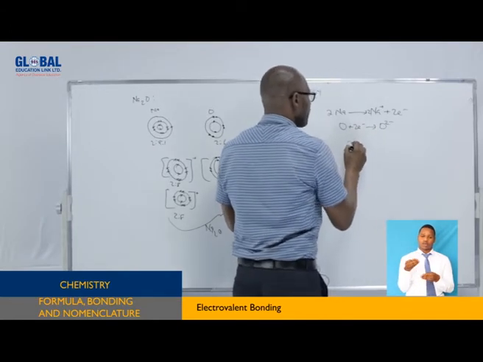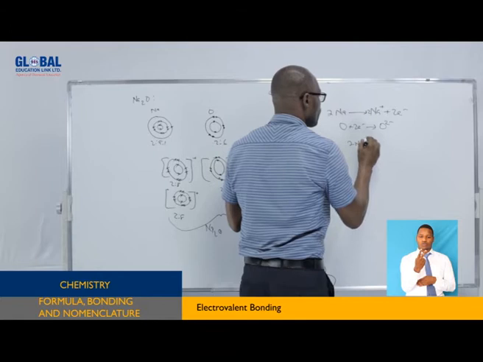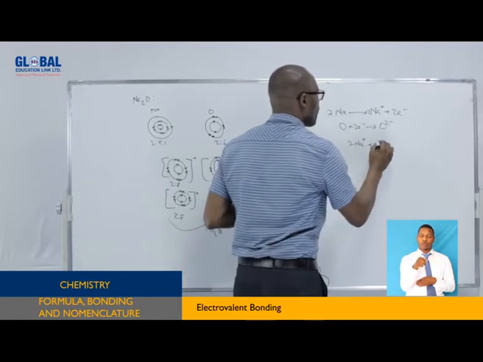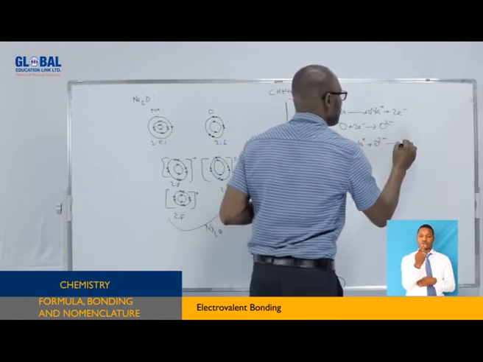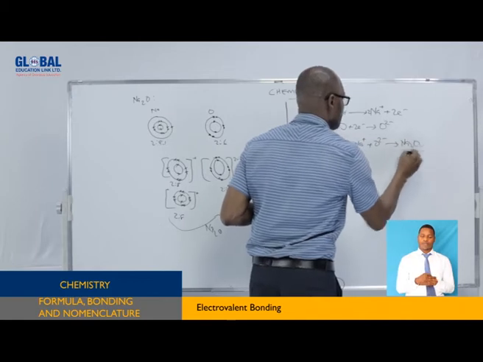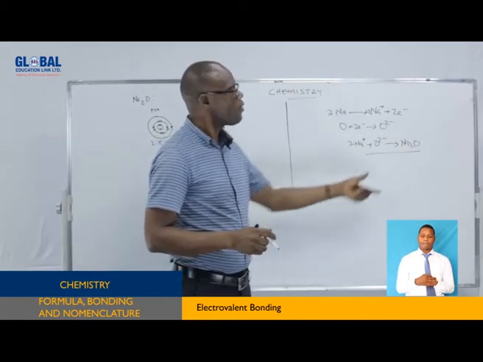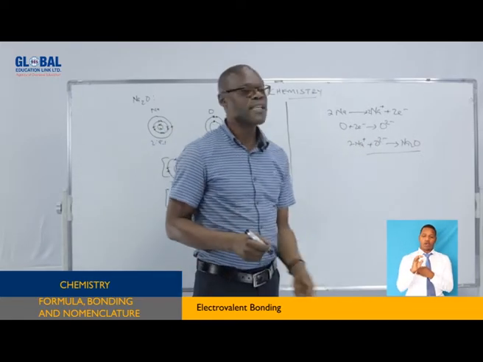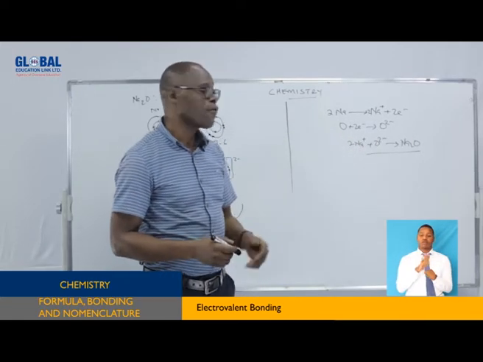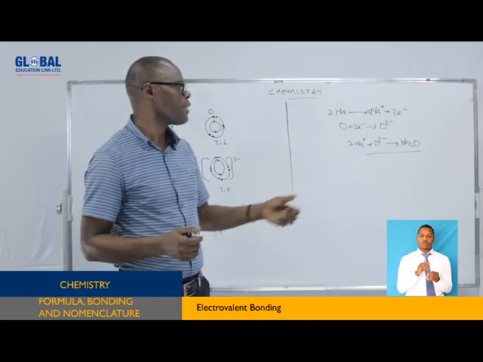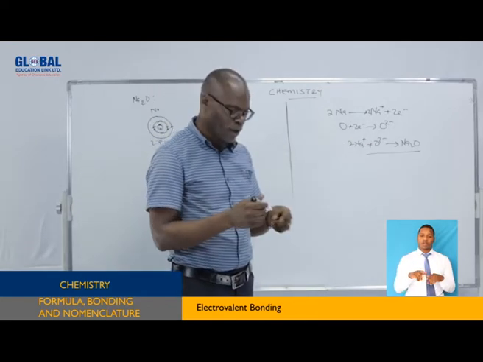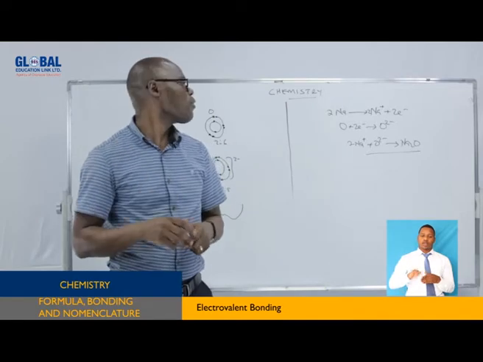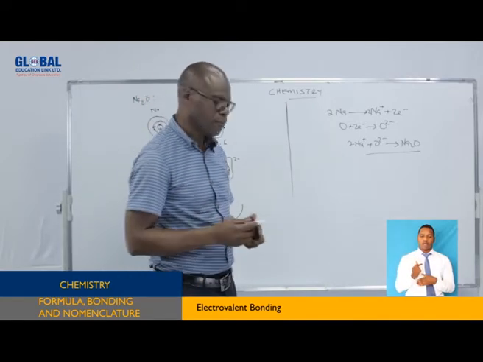Then we have the equation of 2 sodium ions combined with 1 oxide ion to give us sodium oxide. Now this is our ionic compound of sodium oxide. We can use a number of examples to illustrate these kinds of electrovalent bond formations. But now let's stop there and look at some of the properties of electrovalent compounds.